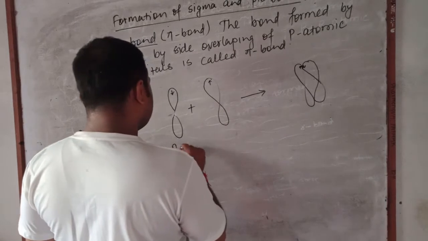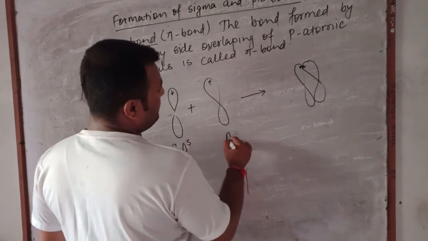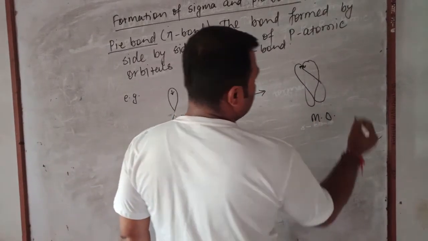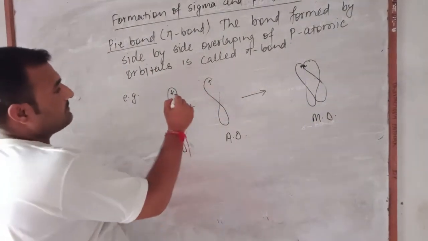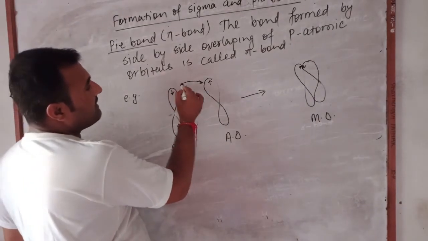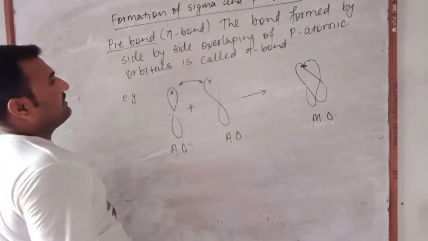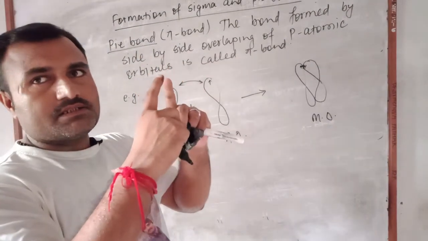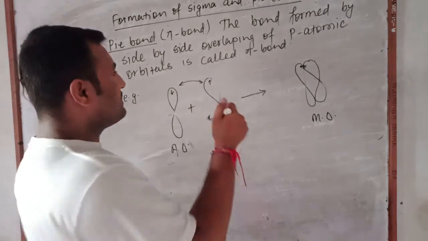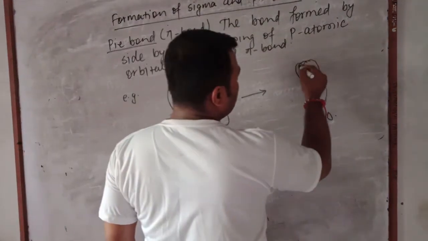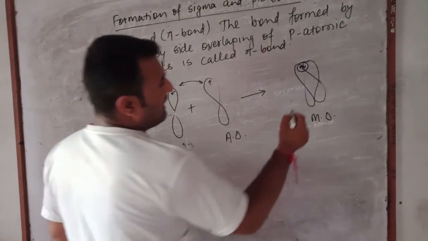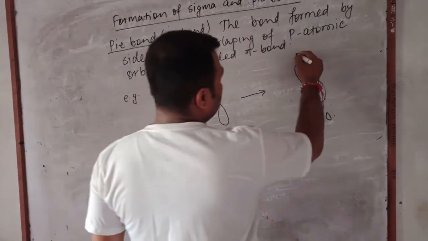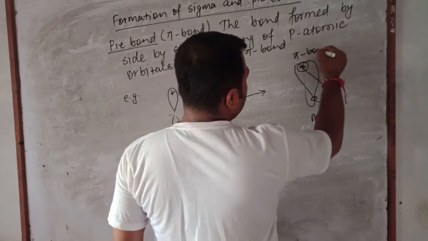Here are the atomic p orbitals, and here the molecular orbital is found. We found that side-by-side overlapping takes place. Side-by-side overlapping causes two p orbitals to come in contact with each other, and pairing of electrons takes place, and to that extent a pi bond is formed. And here the bond formed is a pi bond.